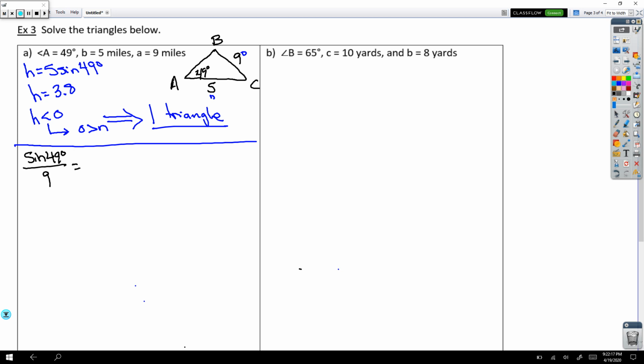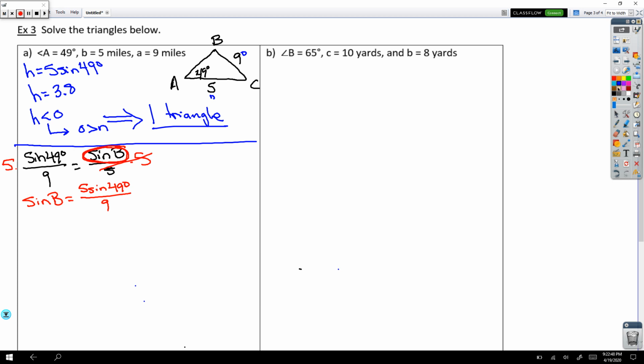So we're going to find angle B here. And I know that side B is 5. So I don't really need to cross multiply here, because I need to get sine B by itself so I can take the inverse of it. So I'm just going to multiply the 5 over. So sine B equals 5 sine 49 degrees all over 9.